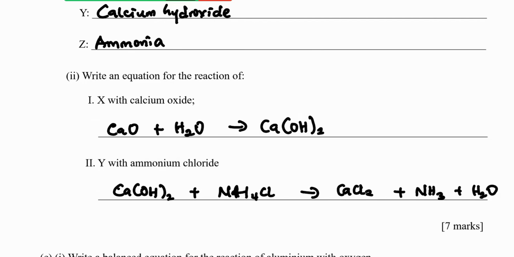Our calcium is balanced. Our number of nitrogen is also balanced. Our number of oxygen in the reactant is 2, and oxygen in the product is just 1. So we have to make the product 2. And then our hydrogen is now affected. Hydrogen in the reactant is 6, and hydrogen in the product, we have 4 here and 3 here, which is 7.